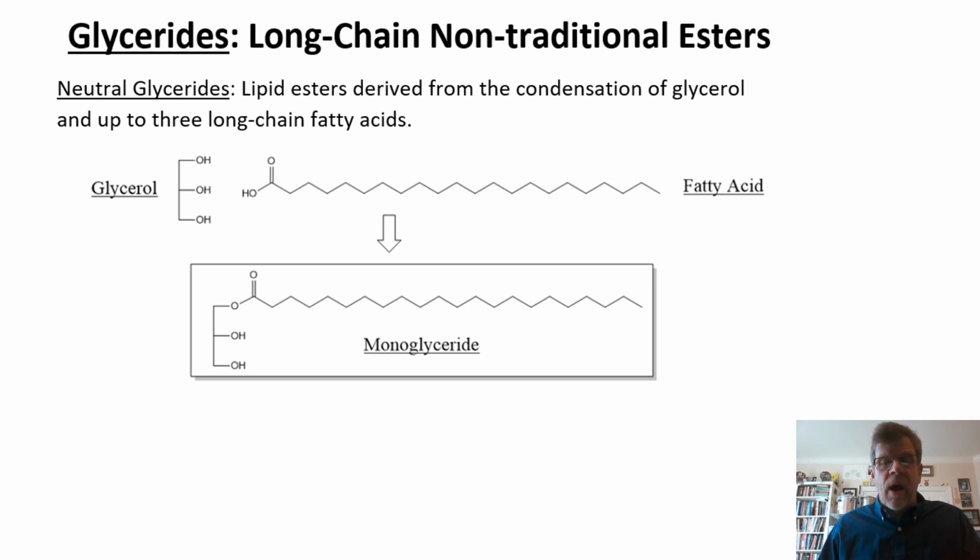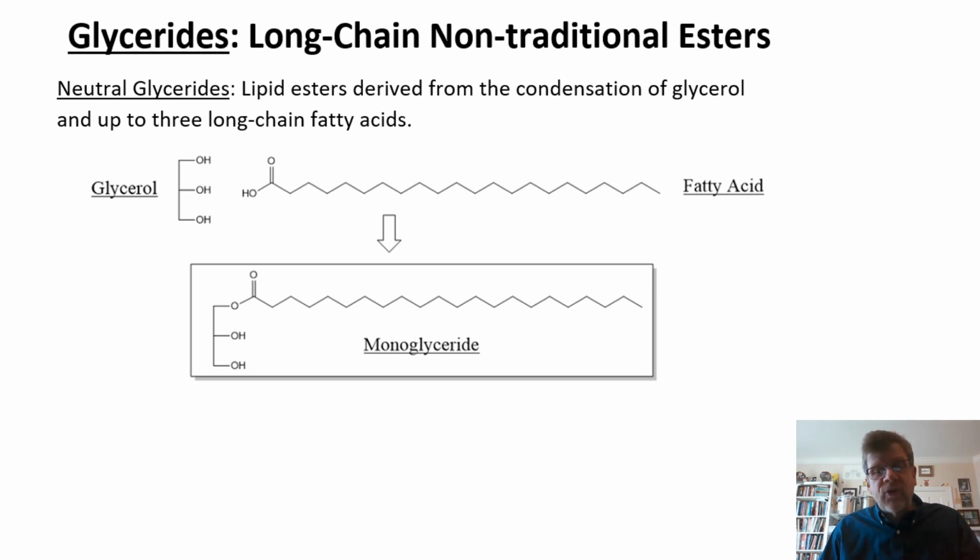We have a representative fatty acid condensing with one of the alcohol groups on glycerol, and we get a representative monoglyceride. How do I know it's a monoglyceride? Because on the 3 alcohol groups on glycerol, only one of them is tied up in an ester. So therefore, this would be a representative monoglyceride.